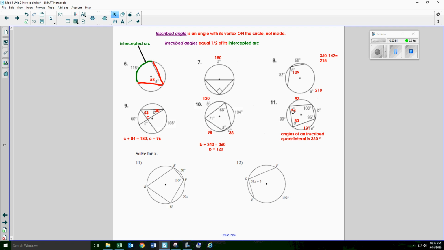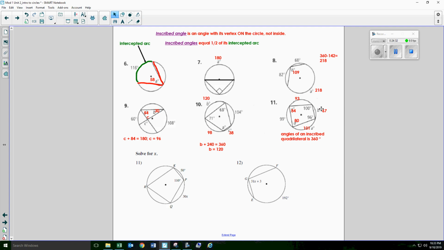And then if I add them all up, that'd be 360 degrees. So now I can figure out what B is. Because remember 84, that means this intercepted arc from here to here has to be double that, 168. Remember that was 101, so 168 minus 101 is 67.